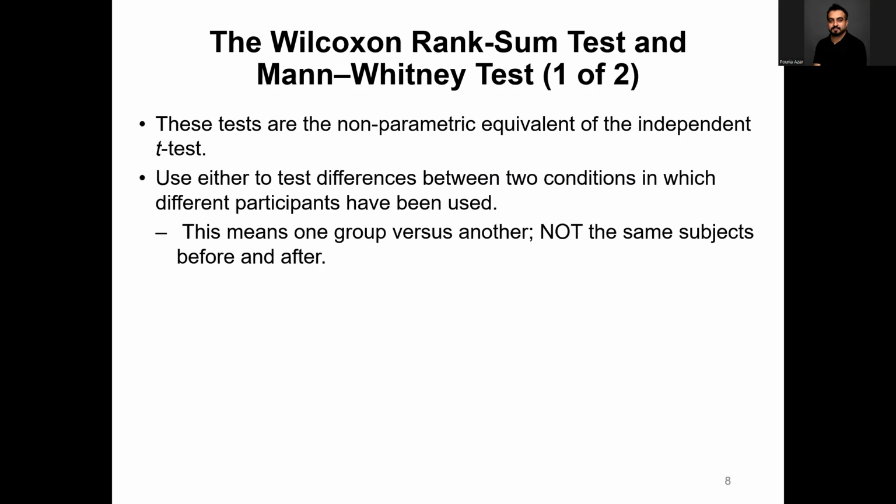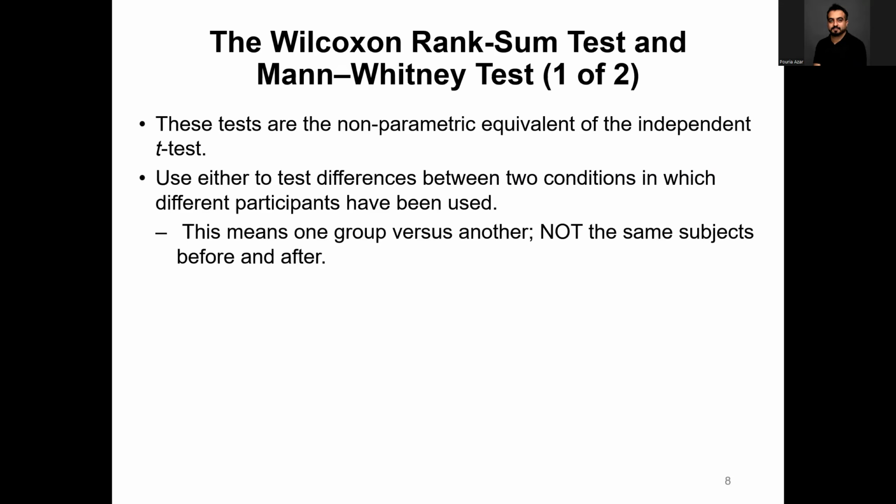But if our assumption is not met, let's say total cholesterol is not normally distributed, for instance, and we don't want to transform the data, we can go with a non-parametric test. The Mann-Whitney U-test and Wilcoxon rank sum test are our options in this case.